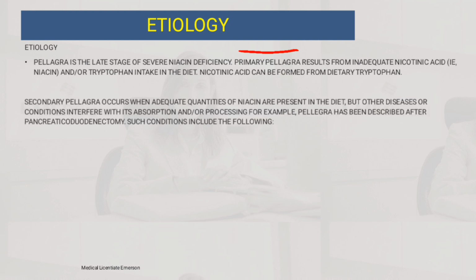Then secondary Pellagra occurs when adequate quantities of niacin are present in the diet, but other diseases or conditions interfere with its absorption and or processing.